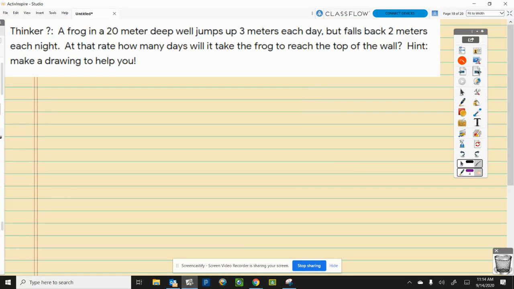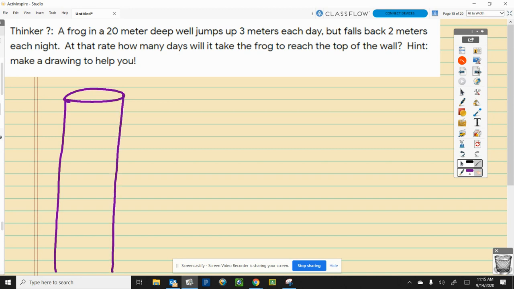A frog is in a 20-meter deep well, and it jumps up 3 meters each day, but it falls back 2 meters each night. At that rate, how many days will it take the frog to reach the top of the well? Hint, make a drawing to help you. So for me, folks, I made a big old deep well. And it was 20 meters. So from here to here, it's 20 meters.